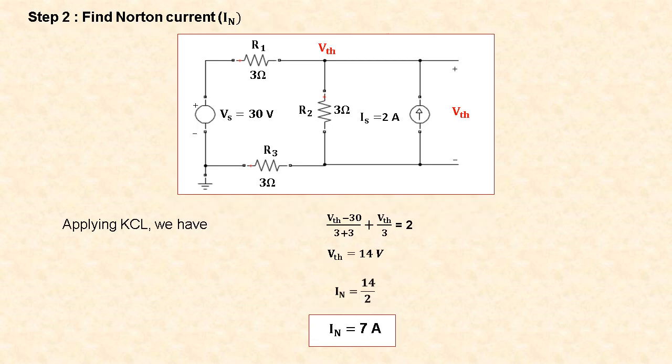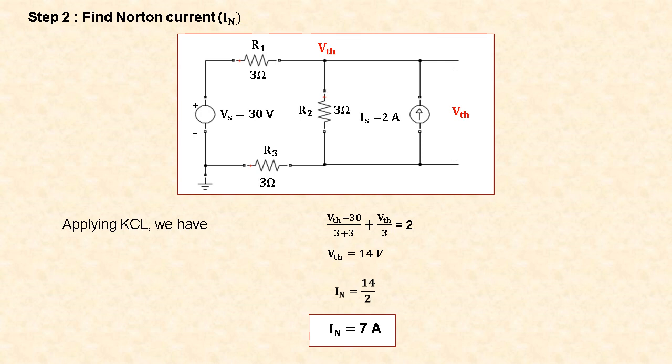The next step is to find the Norton's current. To find the Norton's current, first we have to find the Thevenin's voltage. For this, we have to open circuit the terminals across the target. After open circuiting and applying Kirchhoff's current law, we have (Vth minus 30) divided by (3 plus 3) plus Vth by 3 is equal to 2.